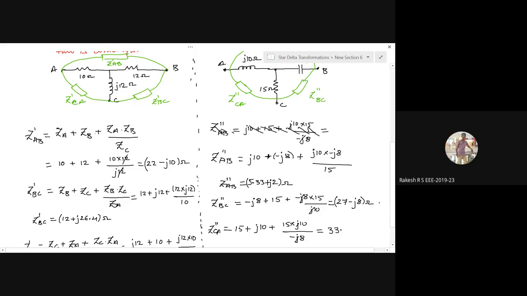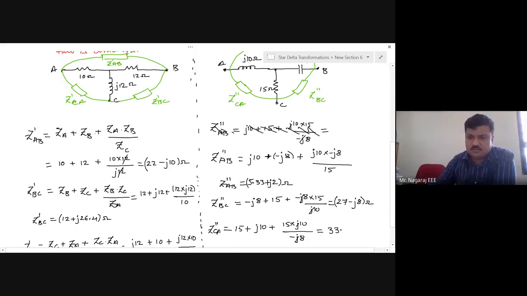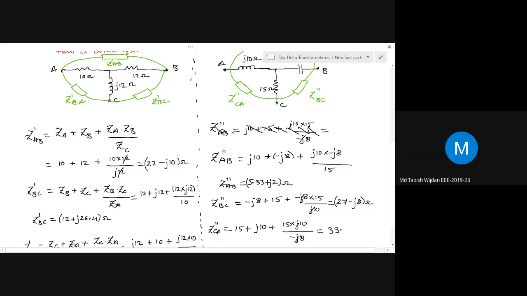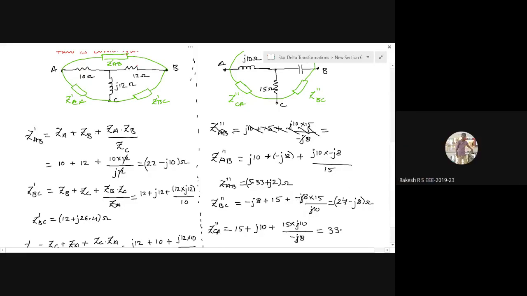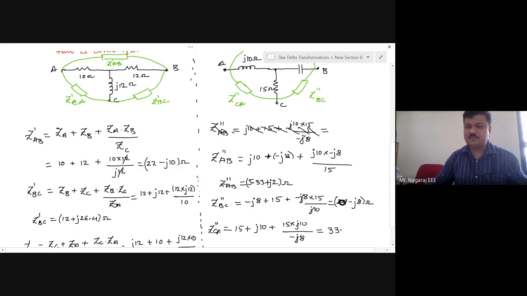Excuse me, sir. Z double dash BC is equal to, sir, 3 minus J8. Above this, sir. Where? This Z here, ZBC double dash. Yes, this minus we will get, right? Sorry. Yes, sir. 15 minus, 3 minus 8J. I confused this with plus.